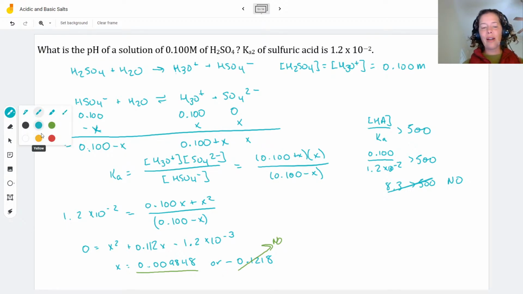Okay, we're almost there, I promise. Remember, your value for X is your concentration of your hydronium ion.